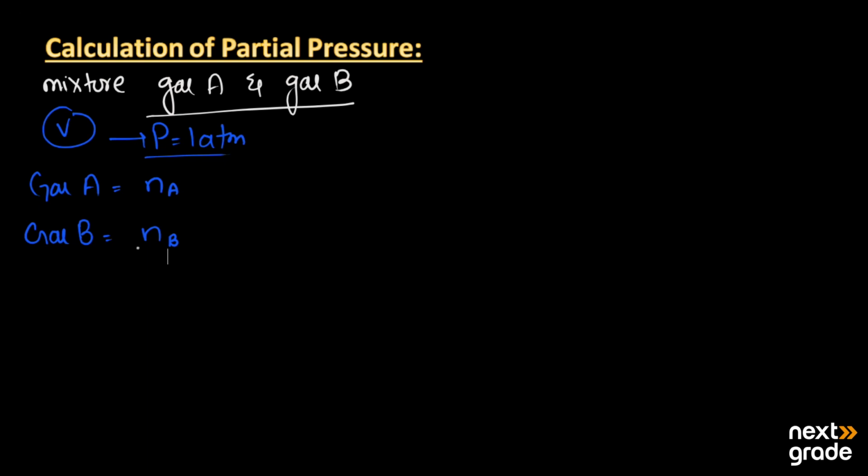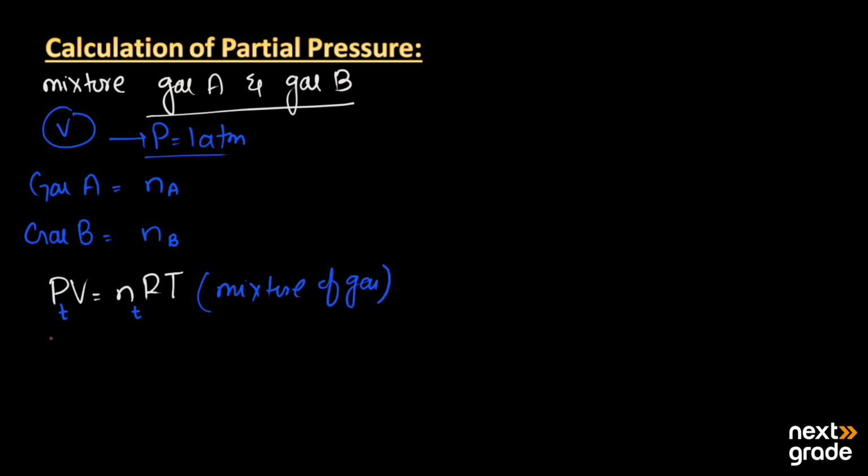So how can we maintain a simple relationship between them? The general gas equation is PV is equal to nRT. If we have a mixture of gases, then we can write it as PT V is equal to NT R into T. This is for the mixture of the gas.